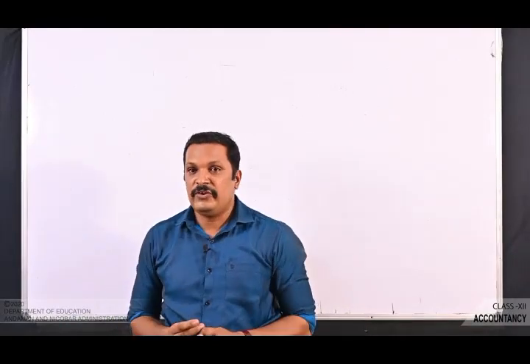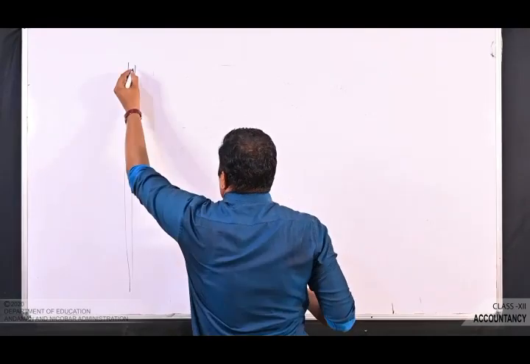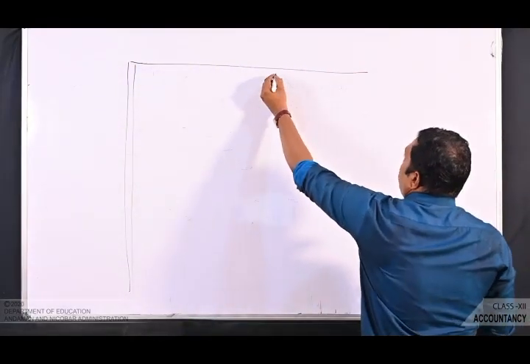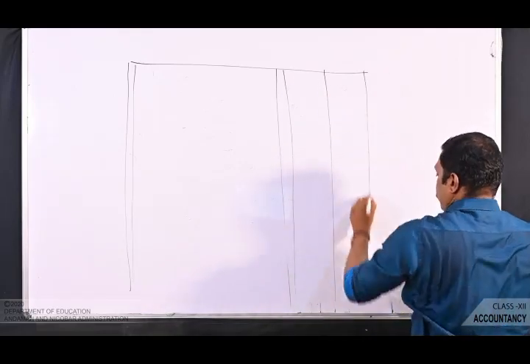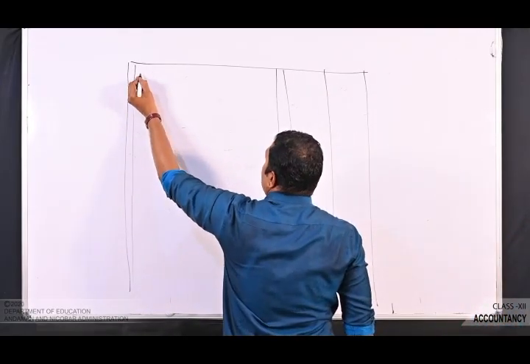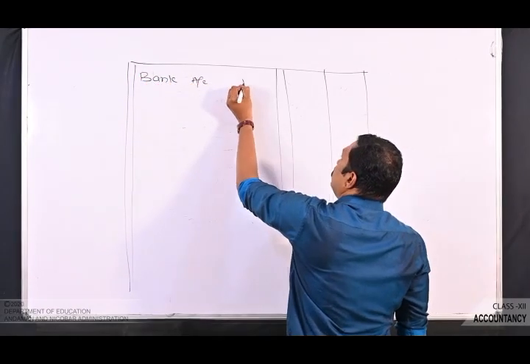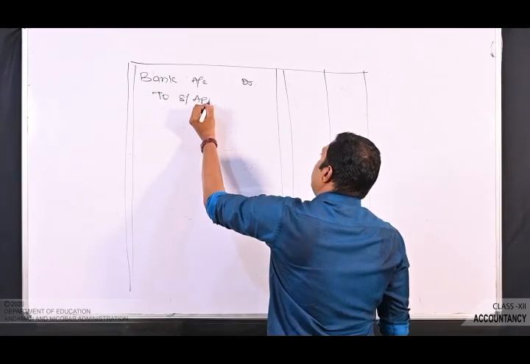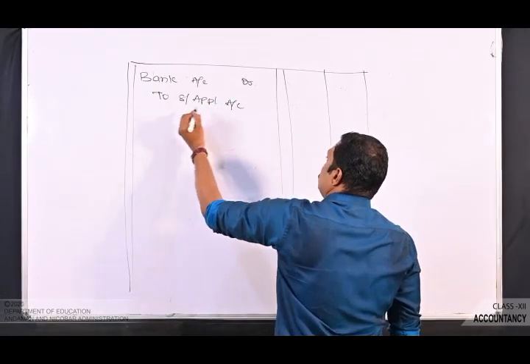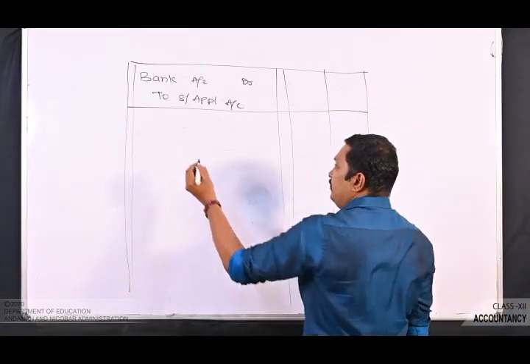What is the first entry? I hope you remember. The first entry is bank account debit to share application account. This is the first entry. I hope you remember, right? What is second entry?